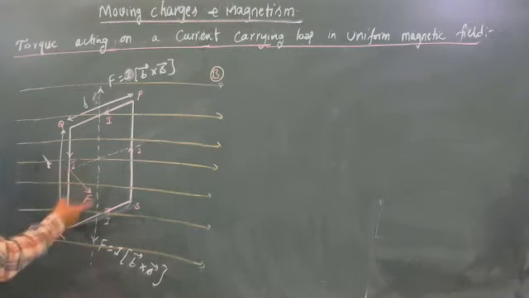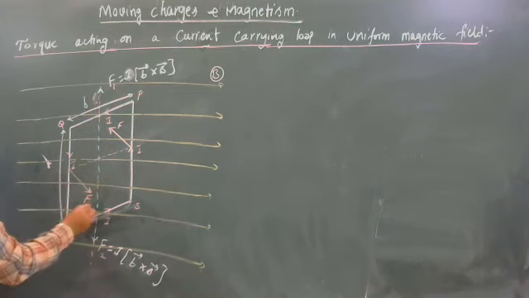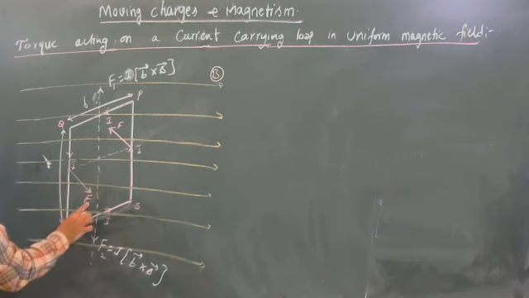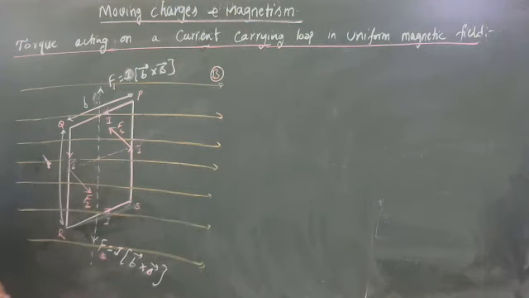And if it is acting outward here, the same force acts inward on the opposite side. F1, F2, this is F3, this is F4. So these are the forces acting on it.